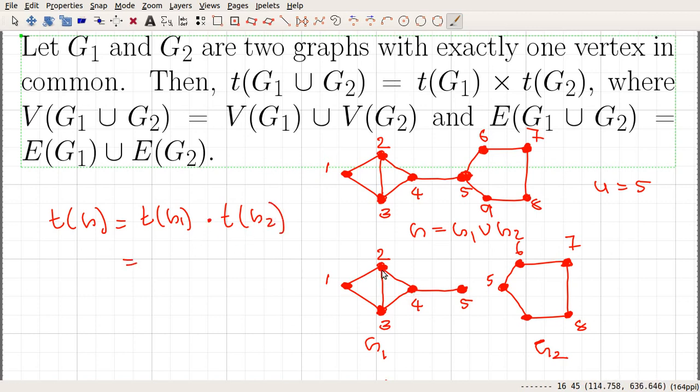From the previous video we saw the number of spanning trees of this graph G1 is 8, and here we have a C5, and the number of spanning trees of C5 is 5. So we have these two numbers, 8 and 5, take the product, so 40. So this graph has 40 different spanning trees.